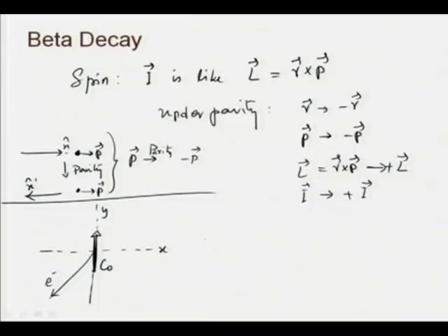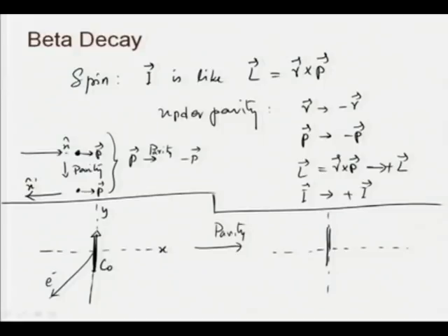So, let us see what would happen if we apply parity. Spin does not change under parity. So, under parity we will have x and y inverted, or effectively in an active picture we will consider the parity acting on the vectors itself.